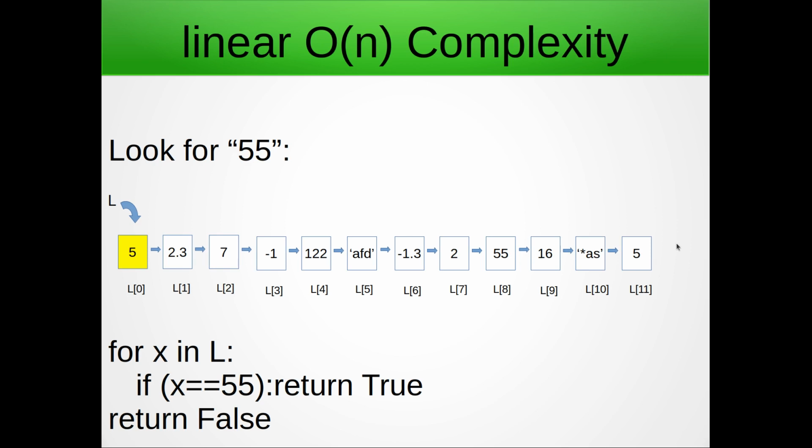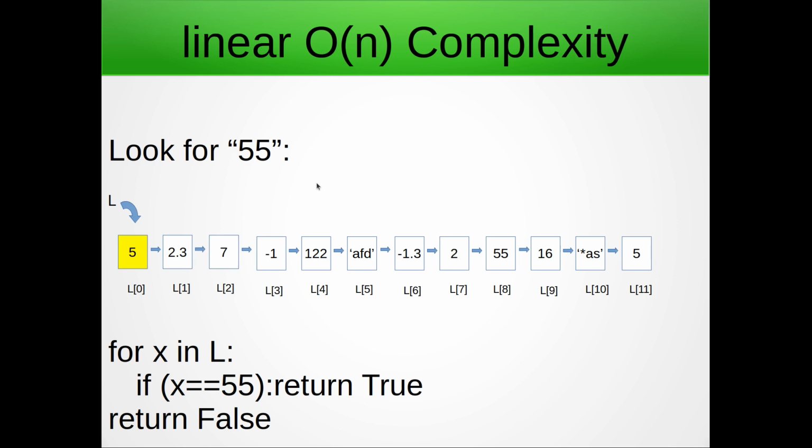How should I talk about the computation time of this algorithm? Should I say that sometimes it's 1, sometimes it's more, and sometimes it's the full length of the list? Well, that would be confusing, and although there are different ways to solve this, we are going to go with the following one. We are always going to speak about worst case complexity.